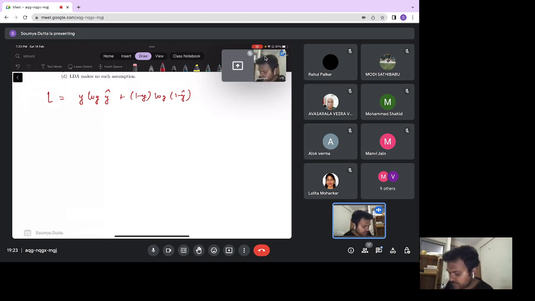And this y hat is precisely the value that comes out after doing this. So y hat comes from here. y hat is this particular function. Now this can't be solved normally.